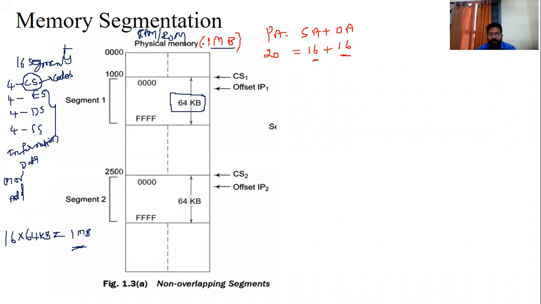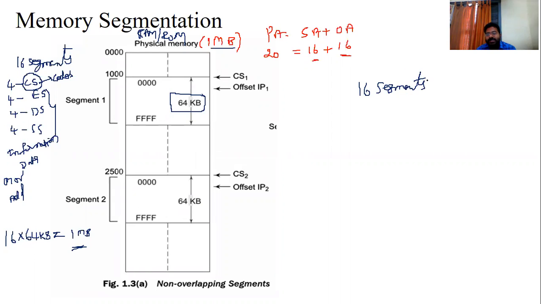Now the question: how does the microprocessor identify these segment memories? How many segments are there? 16 segments.